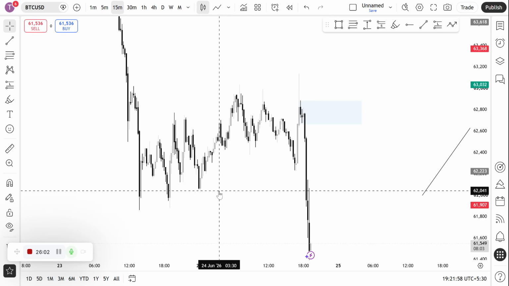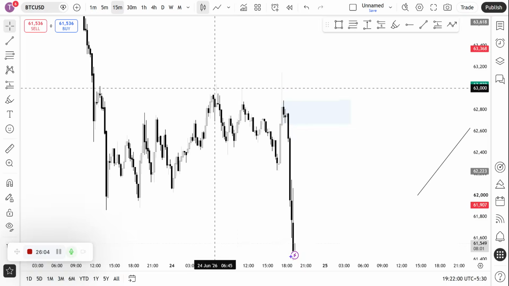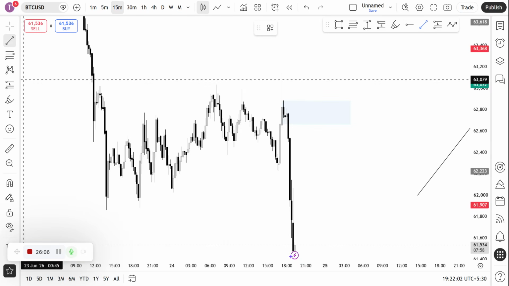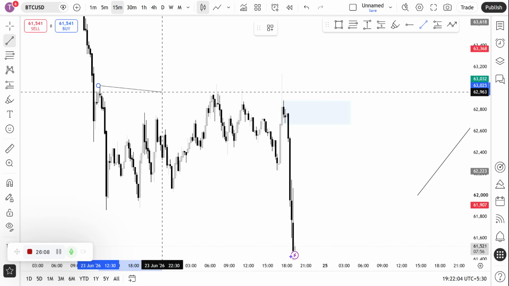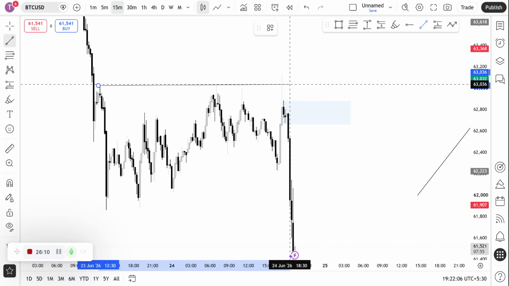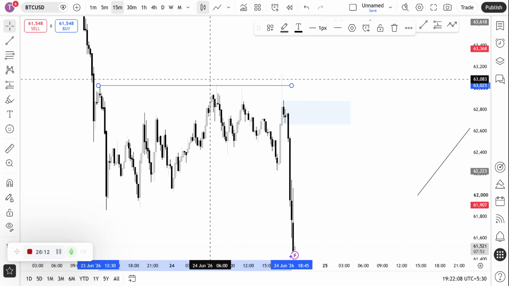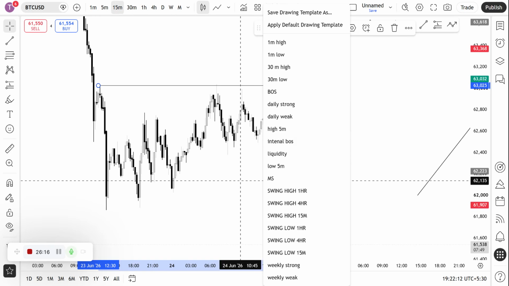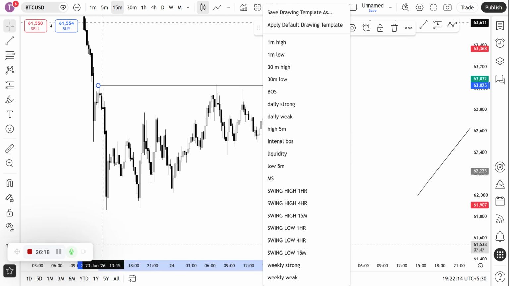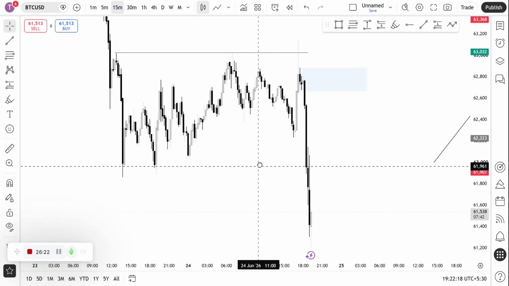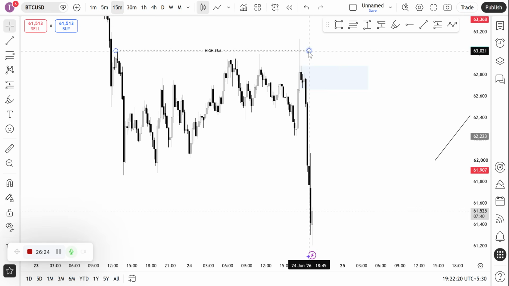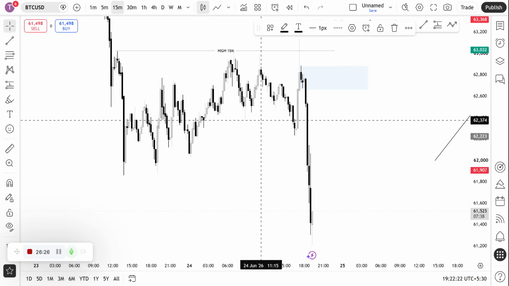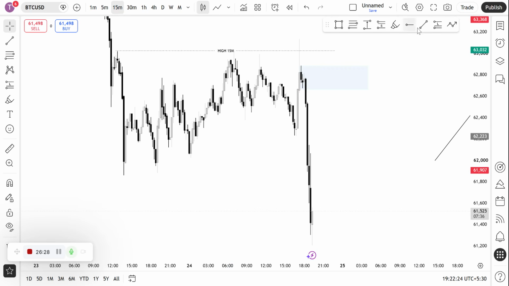So right now, let's say this is our market structure, and this is our high. Let's say this is our 15-minute high, and this is our break.